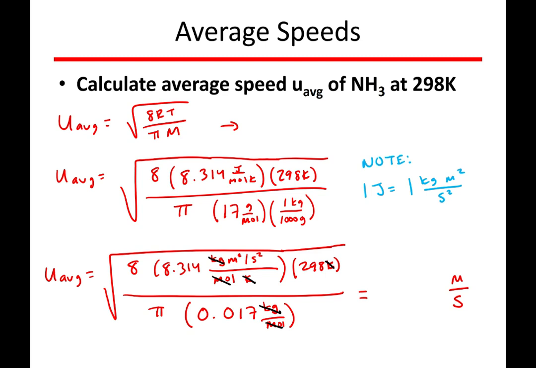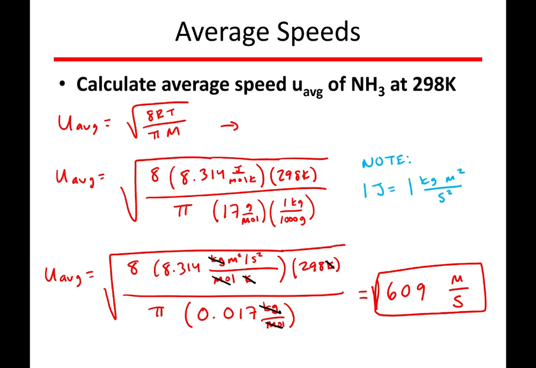And when you plug the numbers into your calculator, the value that you get for the average speed of ammonia at 298 Kelvin will be 609 meters per second. Now, I recognize that we don't often deal with units of meters per second. We often, in our everyday lives, deal with imperial units like miles per hour.